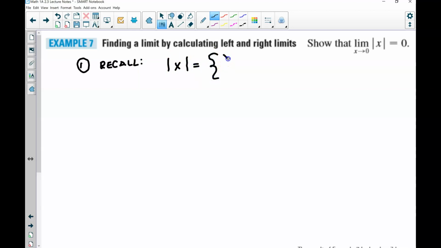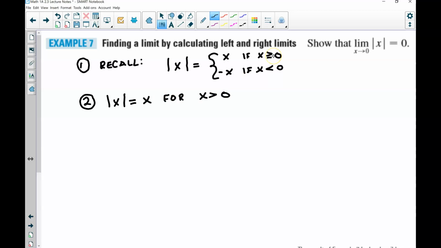The definition states that the absolute value of x is equal to x if x is greater than or equal to 0, and negative x if x is less than 0. Let's look at when the absolute value of x is equal to x, for when x is greater than 0. We don't need to be concerned about the equal sign because we talked about that in the past. We're not concerned about when it's equal to 0, but we do want to figure out when x is greater than 0. To do that, let's take a look at the graph.